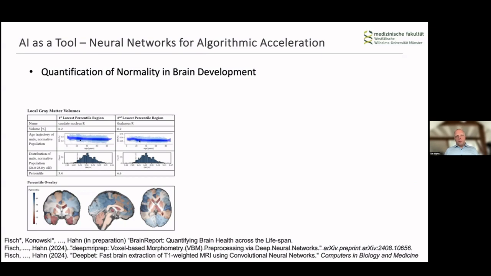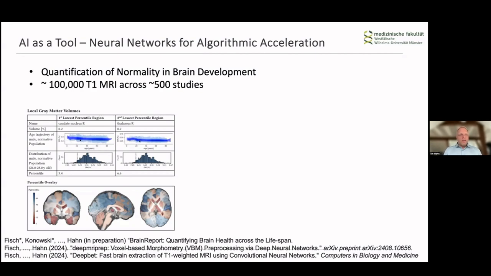What's much, much harder is saying the density of gray matter or the density of white matter here is not as it should be. That has to do with a huge amount of experience, and this is always debated among the radiologists. So this is quite a difficult task.